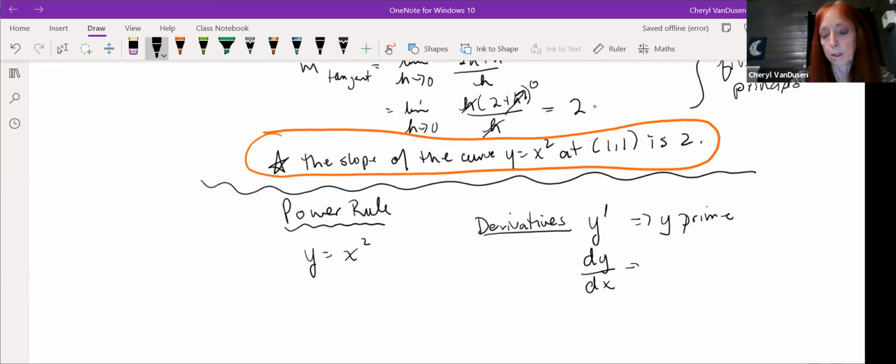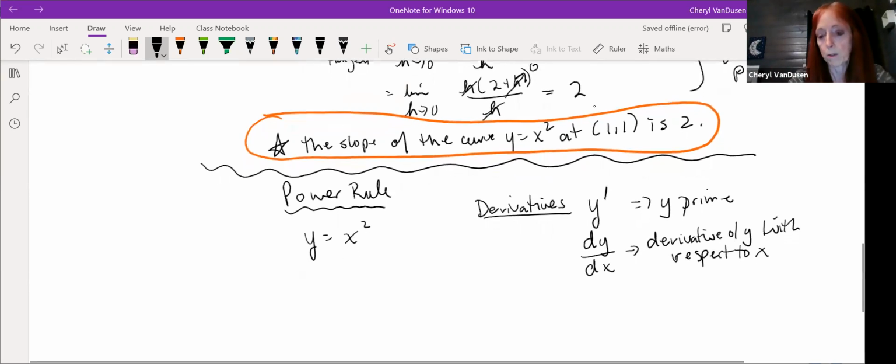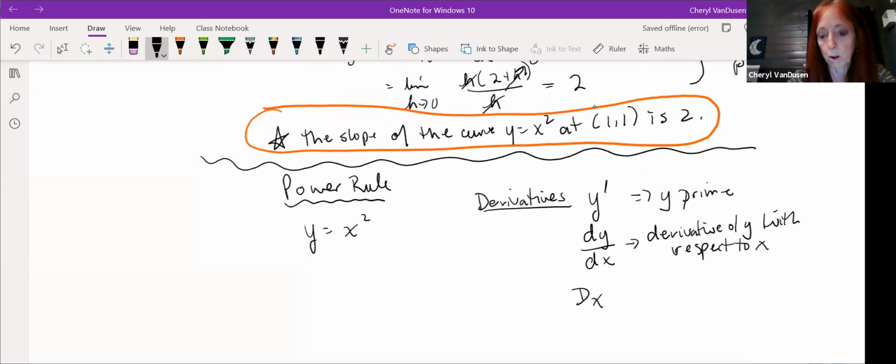Now what that says is take the derivative of y with respect to x. This is kind of the better way of doing it, but if I can do y prime, it's a little bit easier. And then another way of saying the derivative is dx of y, which is the same thing. The derivative of y with respect to x. Both of those are kind of read the same way.